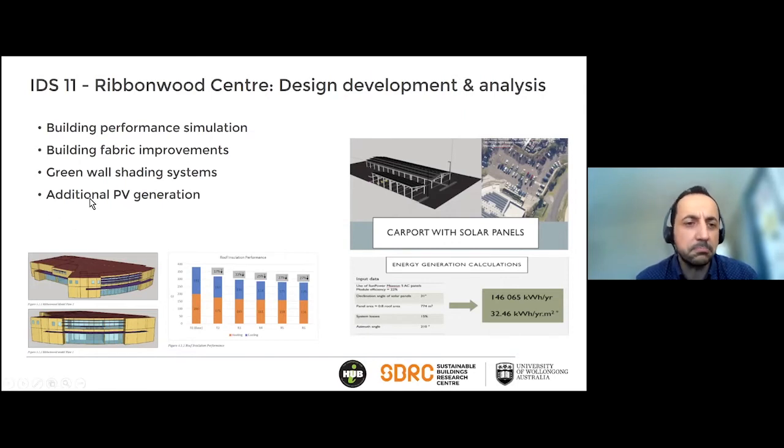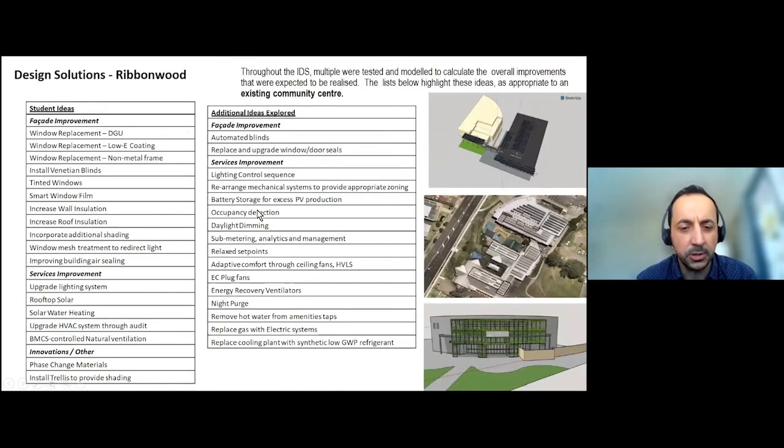While a lot of students went through classic passive design solutions, some came up with really good ideas, such as carport designs with electric vehicle charging stations, heat recovery systems, and so on.